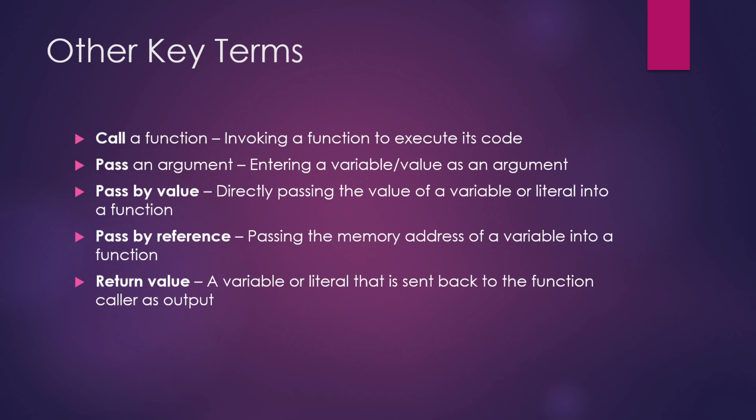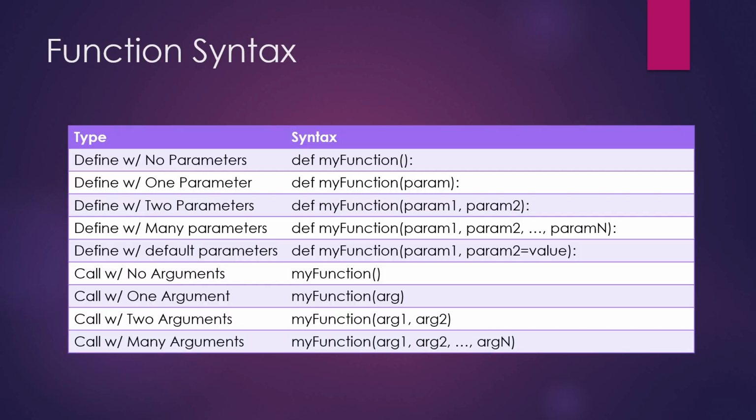And then again, we have return value. This is what is sent back to the caller of the function at the end of function execution. So, we're looking at this table again. This shows us how to define and call functions with different numbers of arguments.